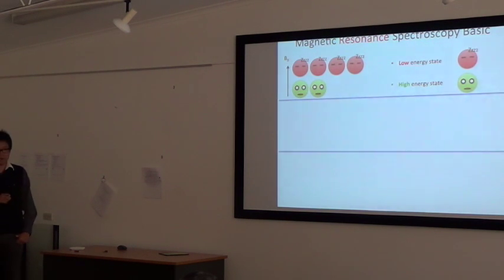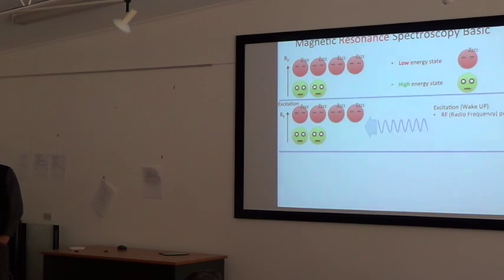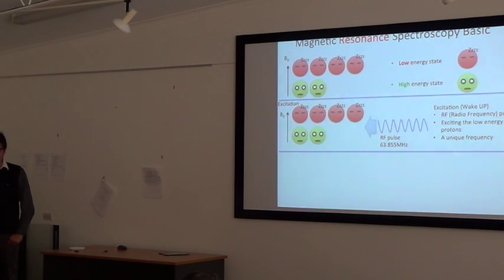Okay, so that's the first step of MRI. The second step is what we call excitation, so we call it wake up. The wake-up signal is actually an RF pulse, a radio frequency pulse. It only affects the sleeping people, and it's a very unique frequency.